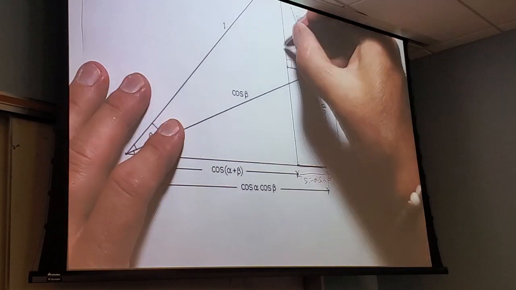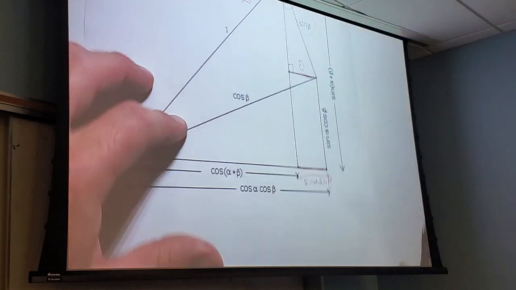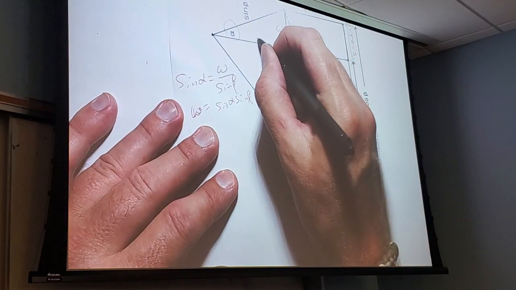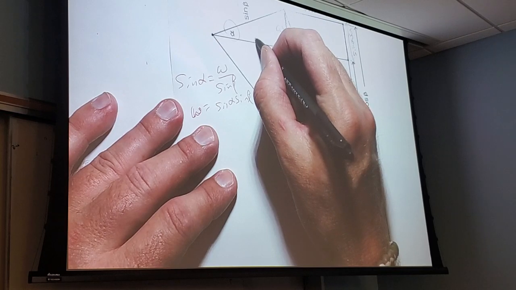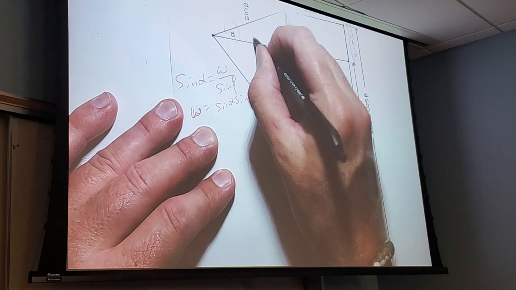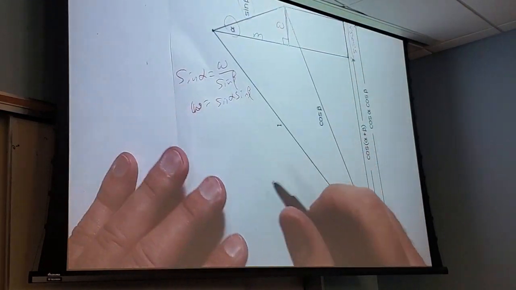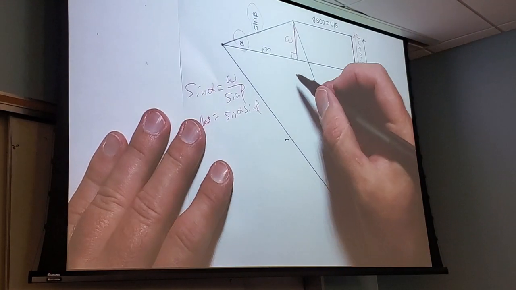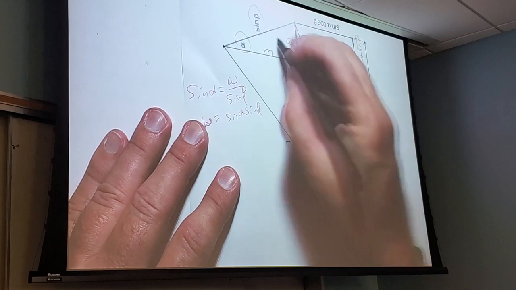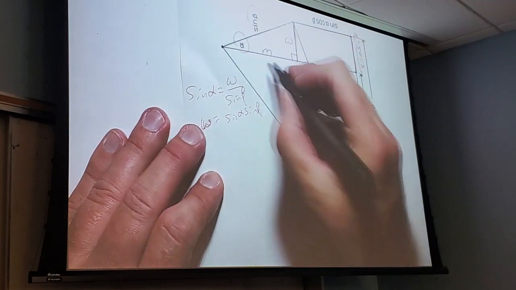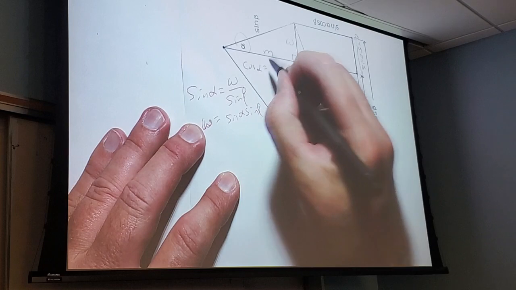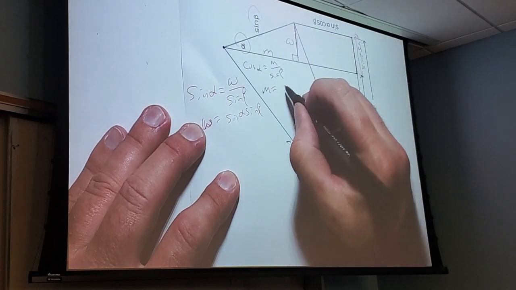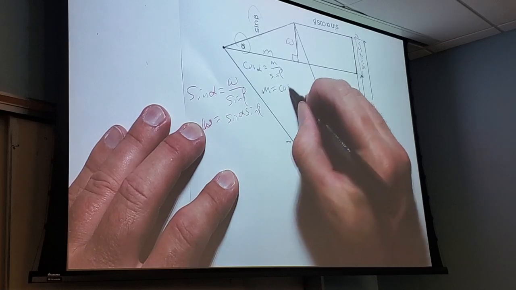Okay. So then what's this side going to be? Well, again, I can look at it like this. Let's just call this one M, like W flipped over, right? So now I can say cosine alpha equals M over sine beta. So then M equals cosine alpha sine beta.